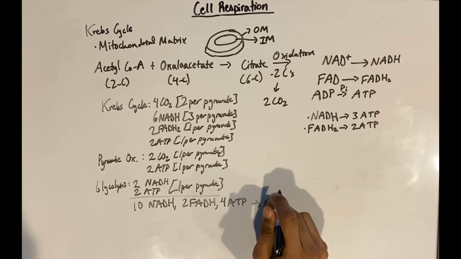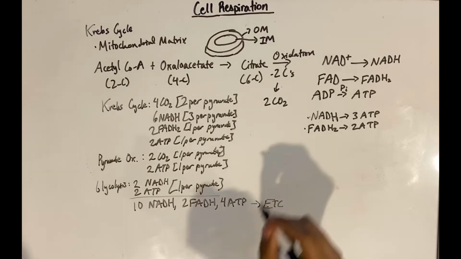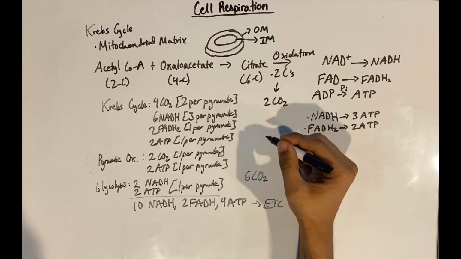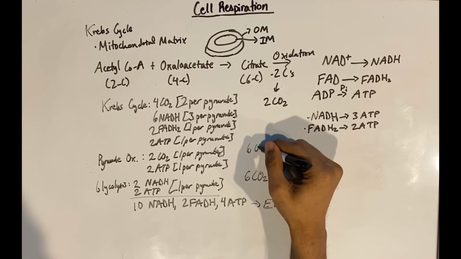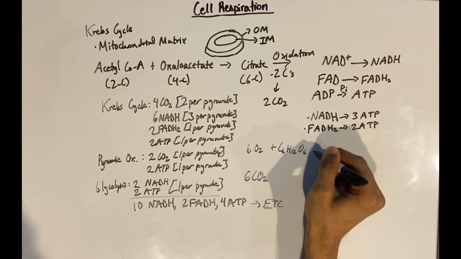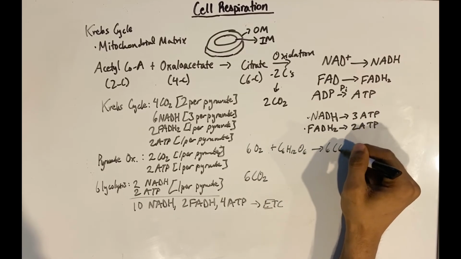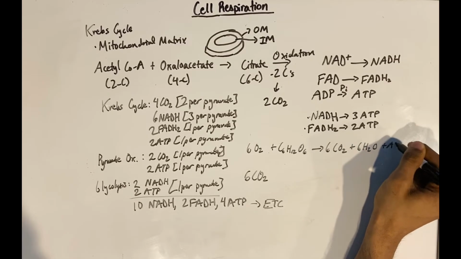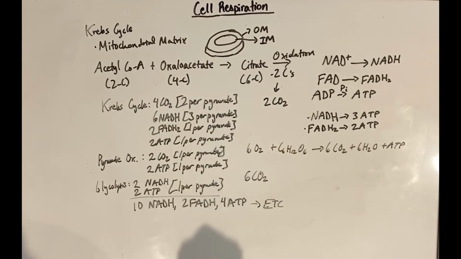The remaining 6 CO2, remember the equation, 6O2 plus C6H12O6 yields 6 CO2 plus 6 H2O plus ATP. The 4 CO2 from Krebs cycle and 2 CO2 from pyruvate oxidation both combine to 6 CO2.